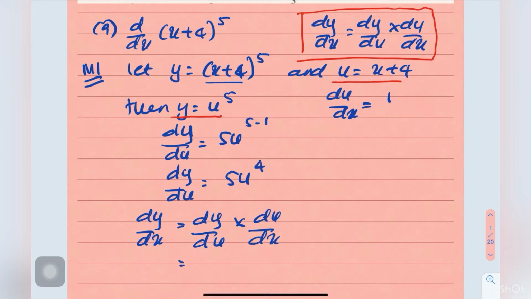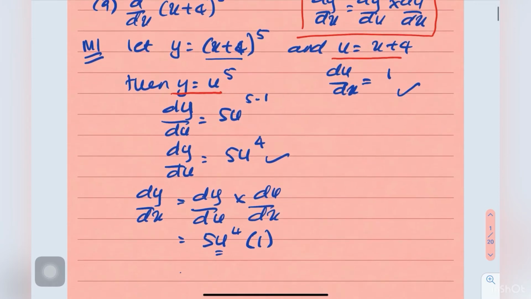Then you substitute: dy/du is 5u power of 4, du/dx is times 1. But u itself is x plus 4, so you substitute again. We get 5 times 1, 5, (x plus 4) power of 4. So this is the answer.